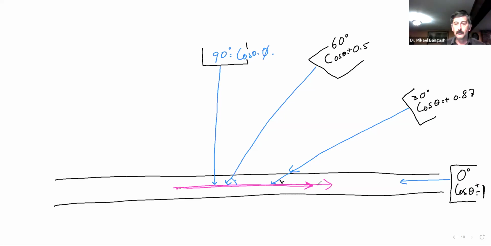Whether we had a 0-degree angle, a 30-degree angle, or a 60-degree angle, we can still say that the blood flows in a direction which is towards the transducer. Towards the transducer causes these to all be positives, right? Clear?